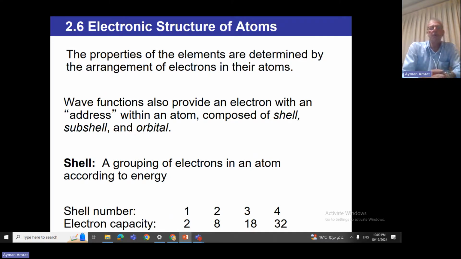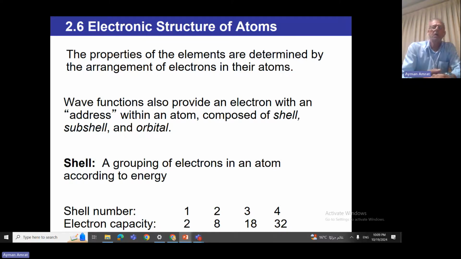Shell number, for example, energy level number 1, has an electron capacity of 2 electrons. Shell number 2, second energy level, 8 electrons. Third, 18 electrons.